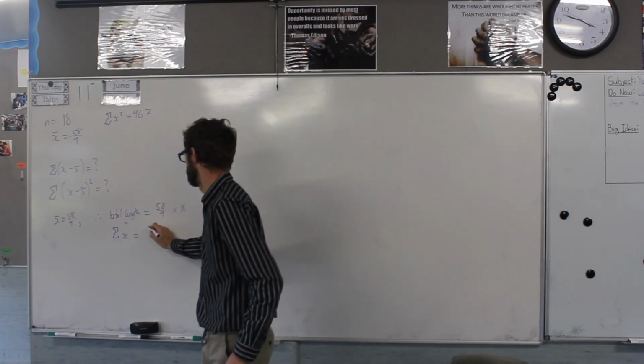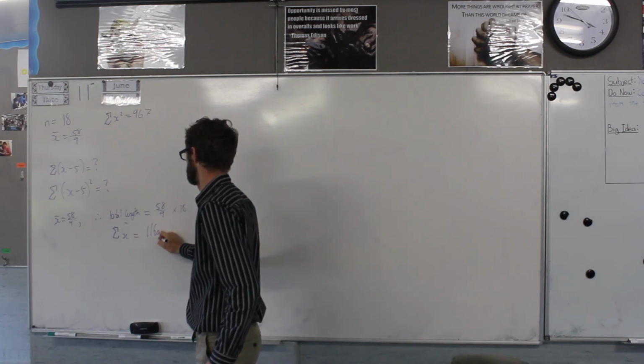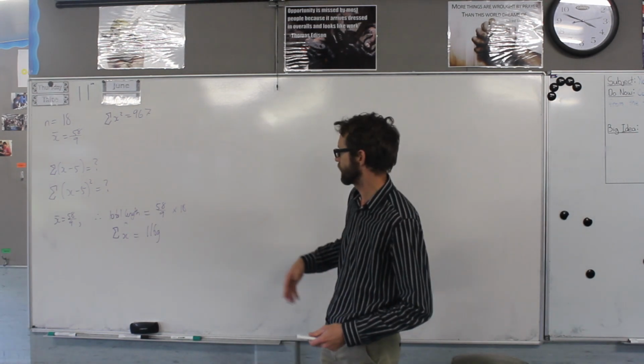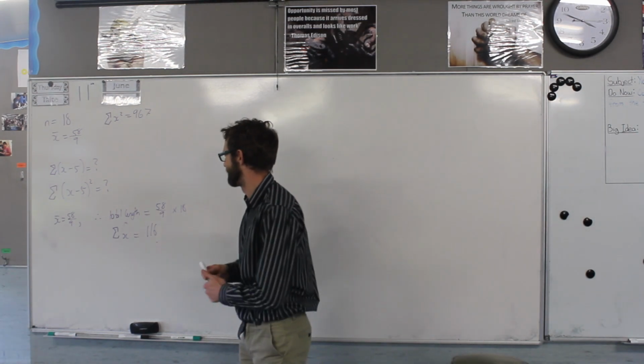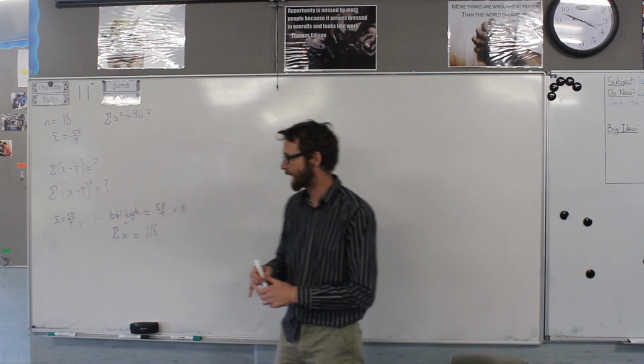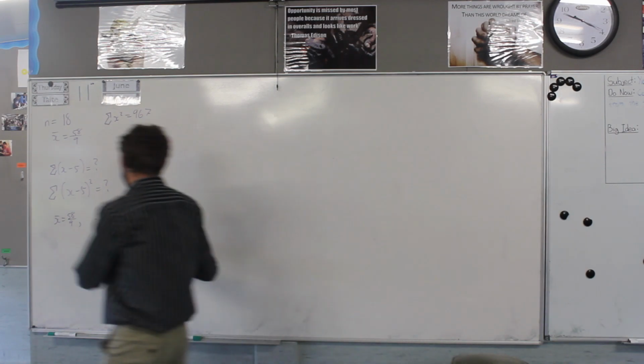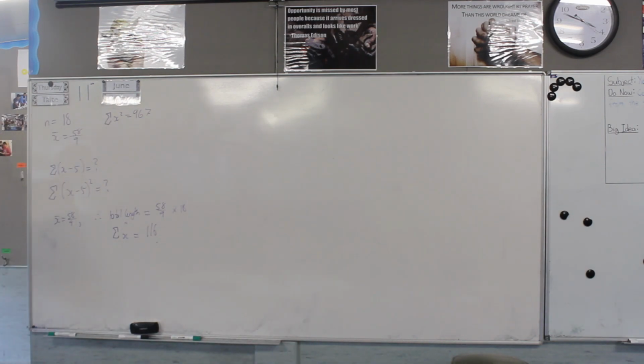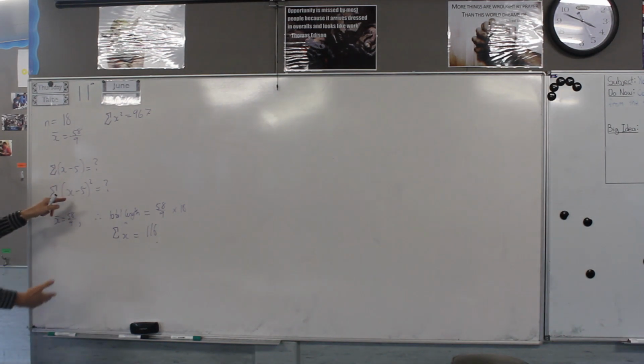116, I think. That's the total, grams. Centimetres, we're doing lengths. Okay, now let's think about this. That's the sum of x. But if we're doing the sum of x minus 5 for each of the 18 stick insects, we're taking off 5 centimetres.